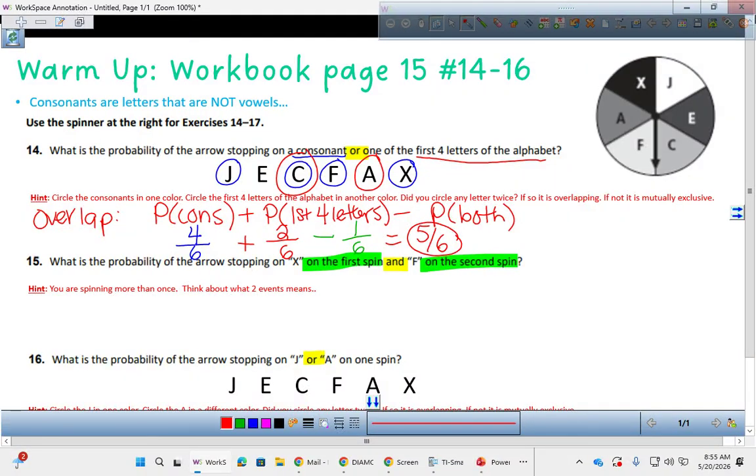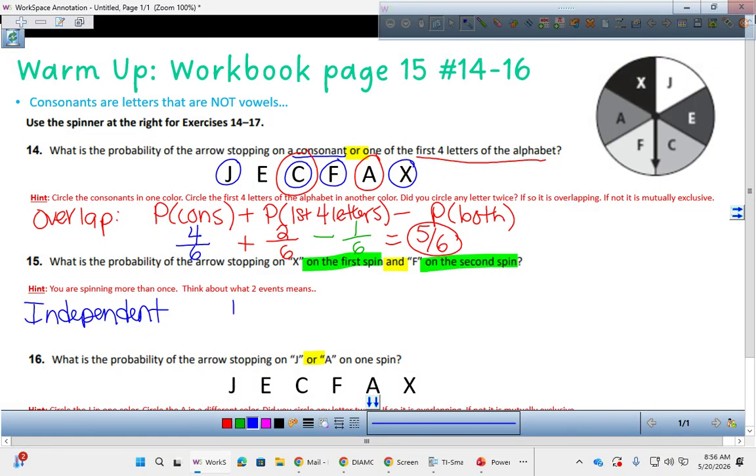The next one says, what is the probability of the arrow stopping on X on the first spin and F on the second spin? We're spinning twice. Anytime you have multiple events, this is independent probability. This is the only one of the probabilities that we learned that is for multiple events. So because I'm spinning it twice, it's got to be this one.